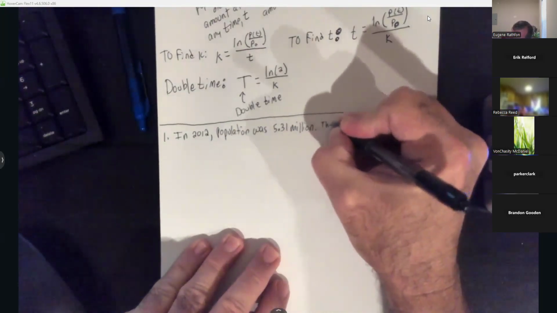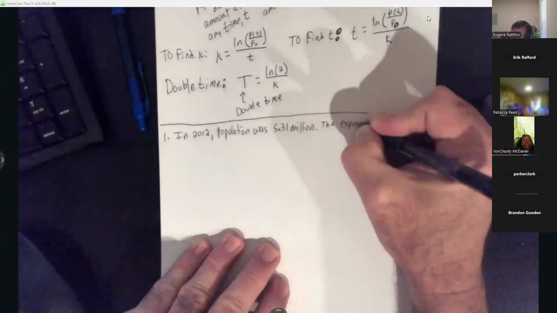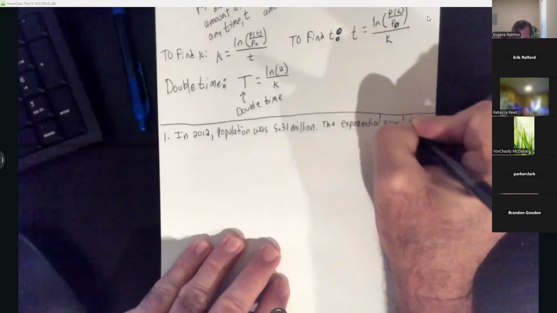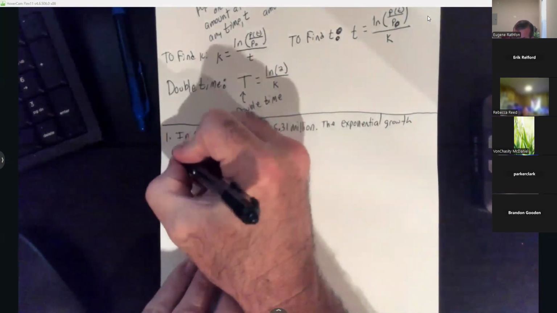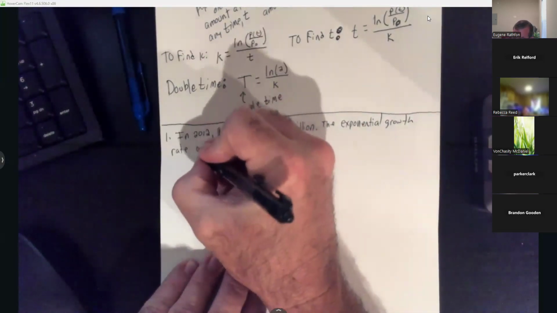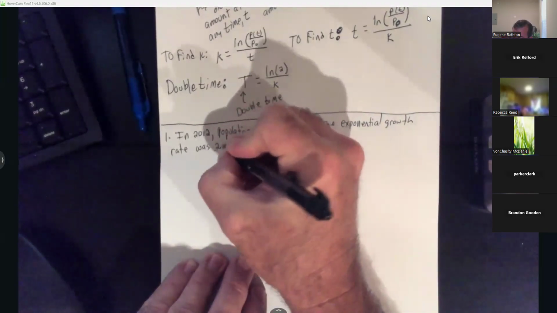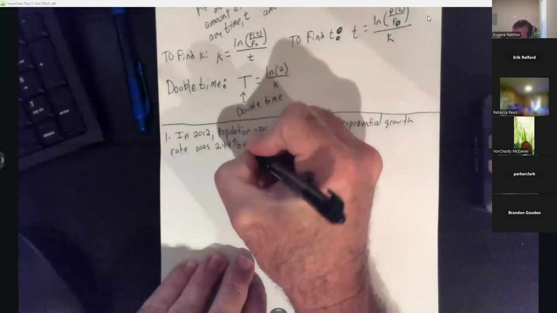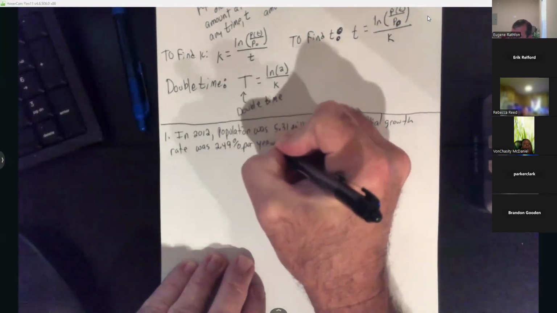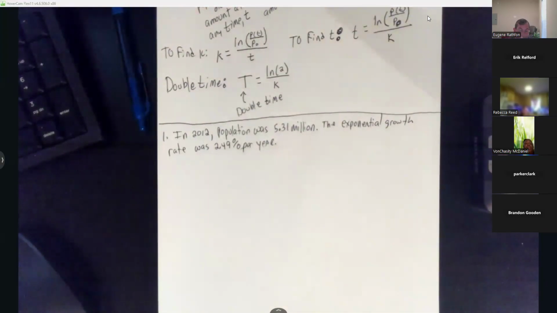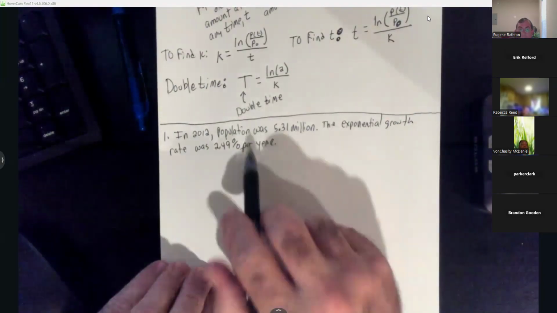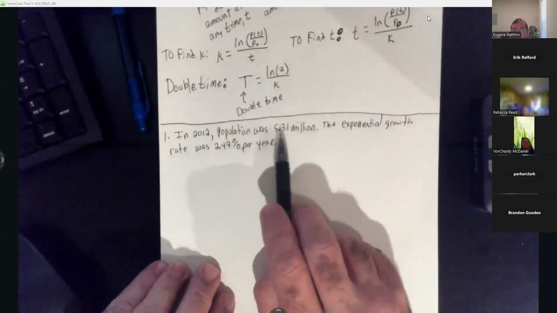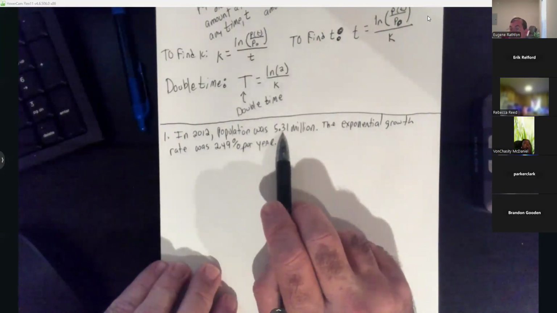Now, the exponential growth rate was 2.49% per year. Okay, so this is the information they're giving me. In the year 2012, the population of a city was 5.31 million.